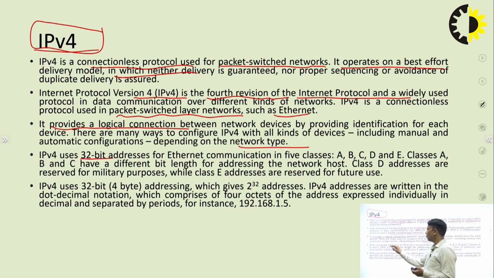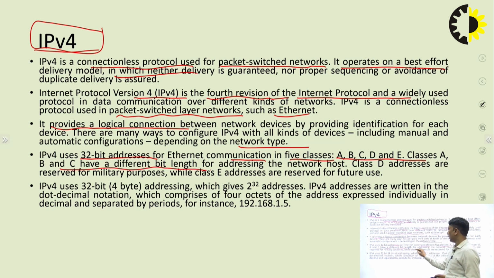IPv4 uses a 32-bit address space for Ethernet communication, and these addresses are divided into 5 classes, known as A, B, C, D, and E. Class A, B, and C have different bit lengths for addressing the network.